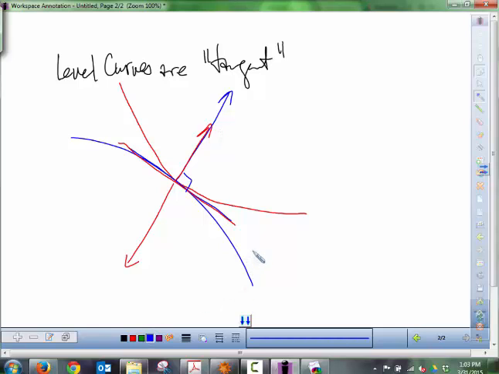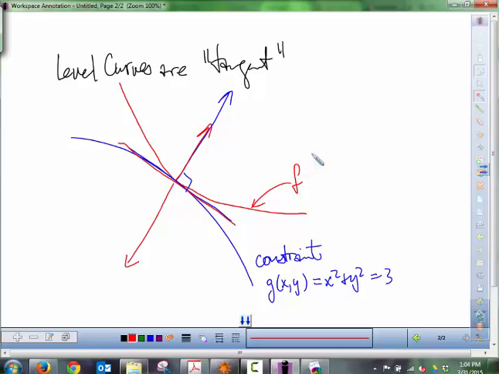So if this is our constraint, we can call it g of x, y equal to a constant, which in this particular problem is x squared plus y squared equal to a constant. And then we have a level curve for our function, the function that we're trying to maximize or minimize, f of x, y, which in our problem was x y squared.